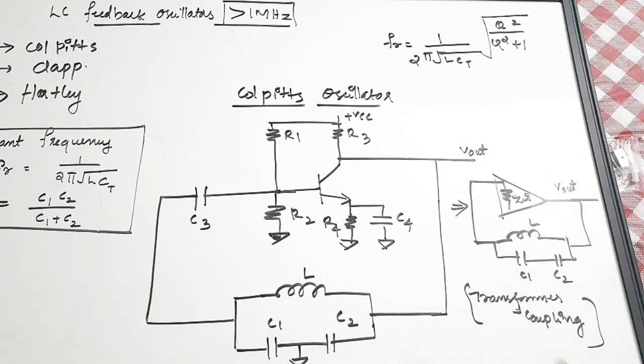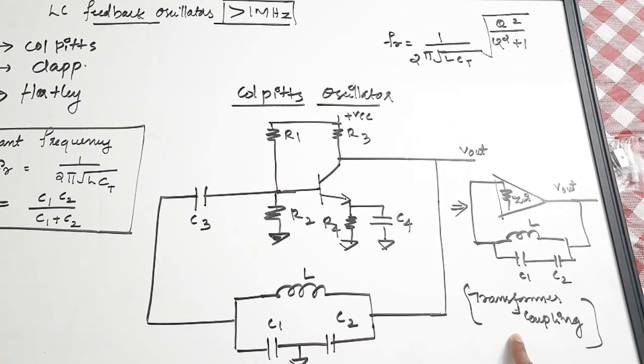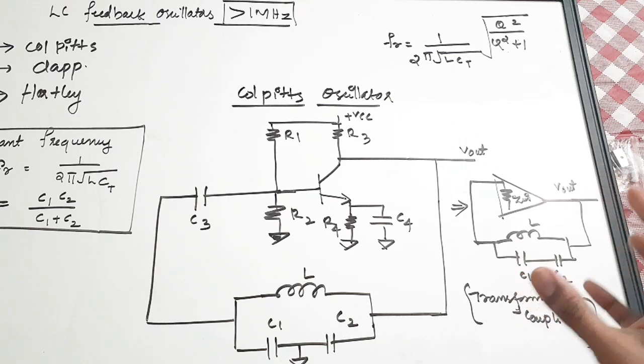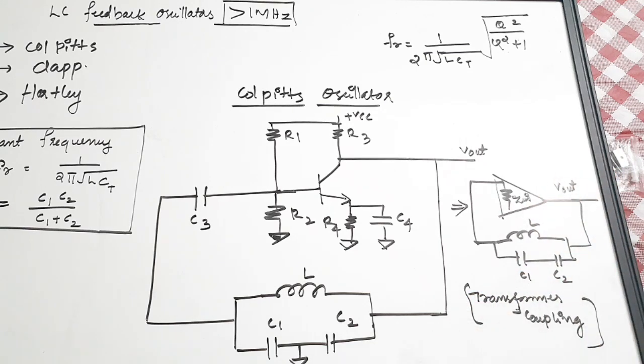This can be achieved with the help of a transformer coupling. If you place a transformer in between these two units, then the load will actually be reduced, or the effect of the input impedance of the BJT will be reduced. Okay, so these are the most important things about the Colpitts oscillator.